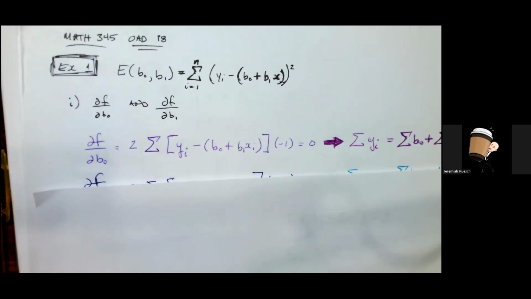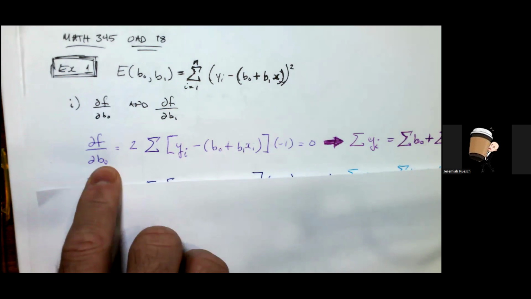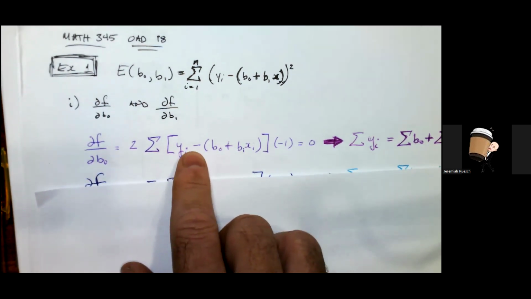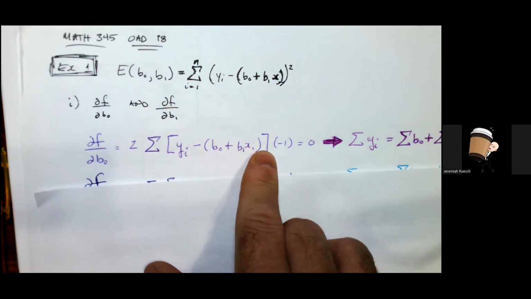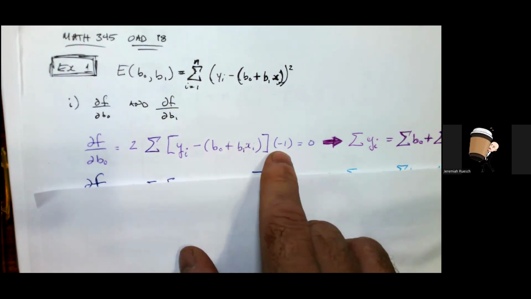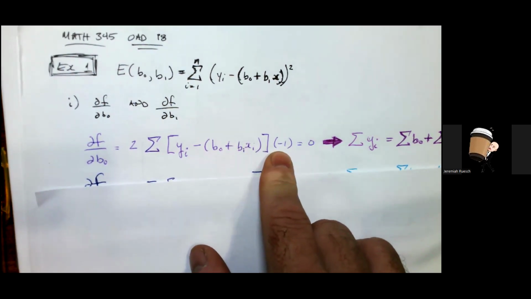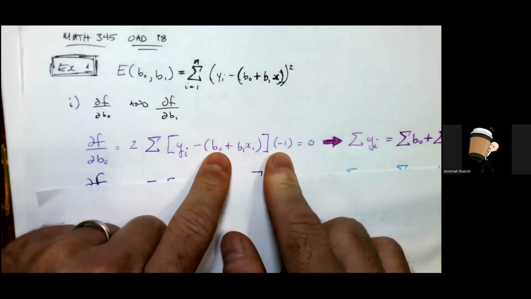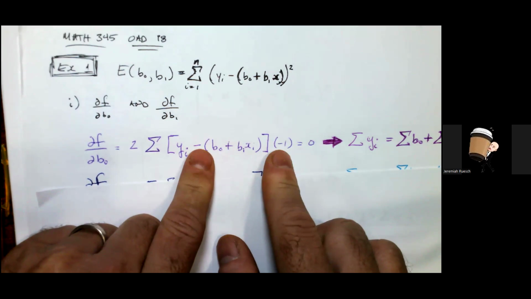So in doing so, the partial of f with respect to b naught gives us 2 times the sum of yi minus the value here, times the value of -1. Since we're taking it with respect to b naught, the term here gets a -1 from the minus sign here.